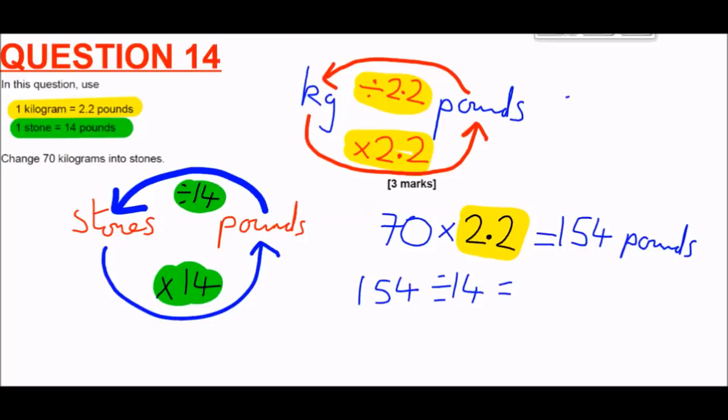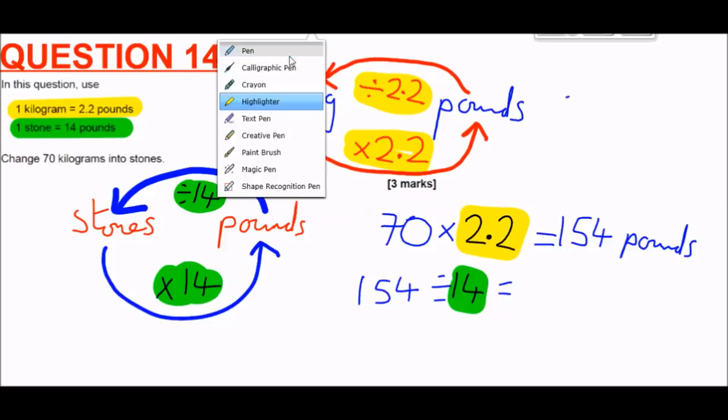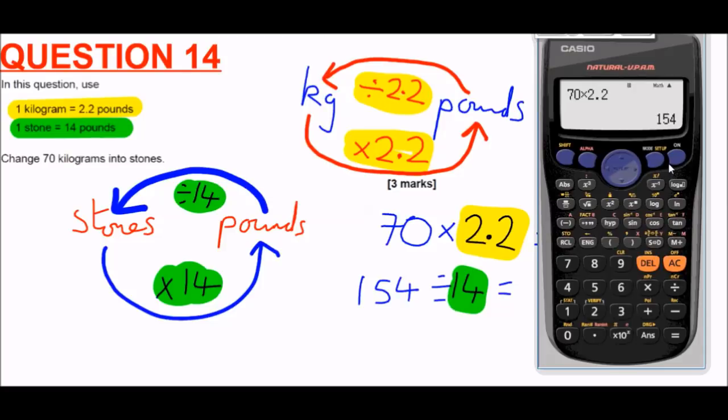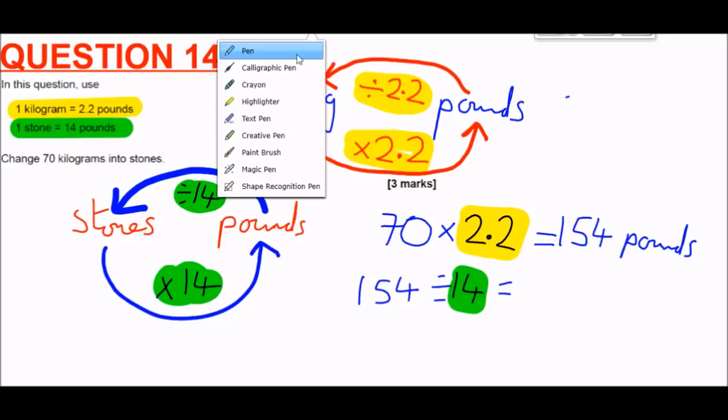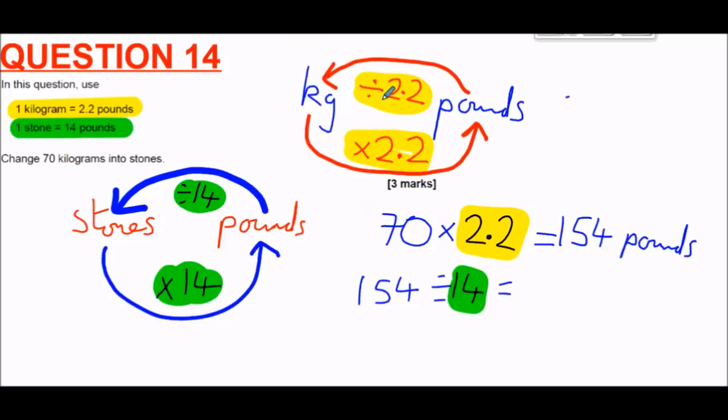Just to colour code, it's in green because I wrote this in green here, so that's where it comes from. 154 divided by 14, again we can use our calculator, equals 11 stone. So now we've worked out that 70 kilograms is 11 stone. Someone that weighs 70 kilograms weighs 11 stone, or somebody who weighs 11 stone, you can say they're 70 kilograms exactly.